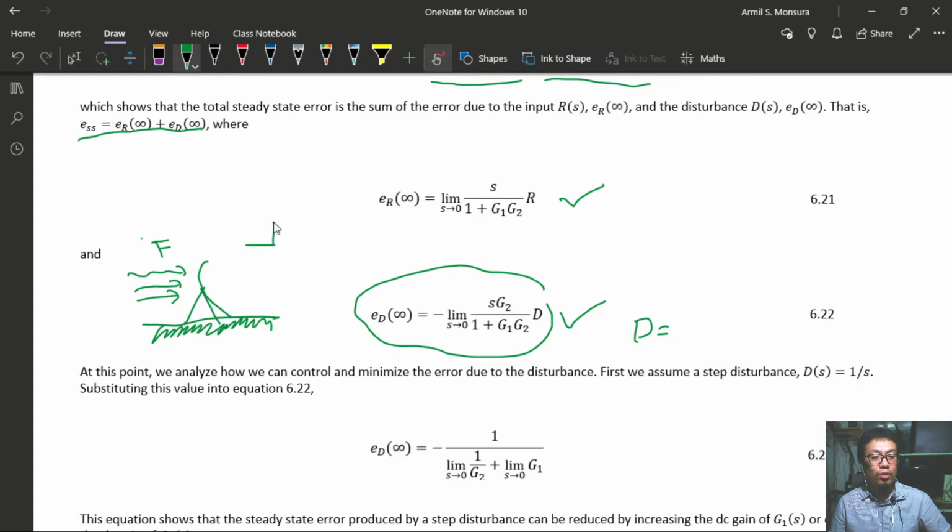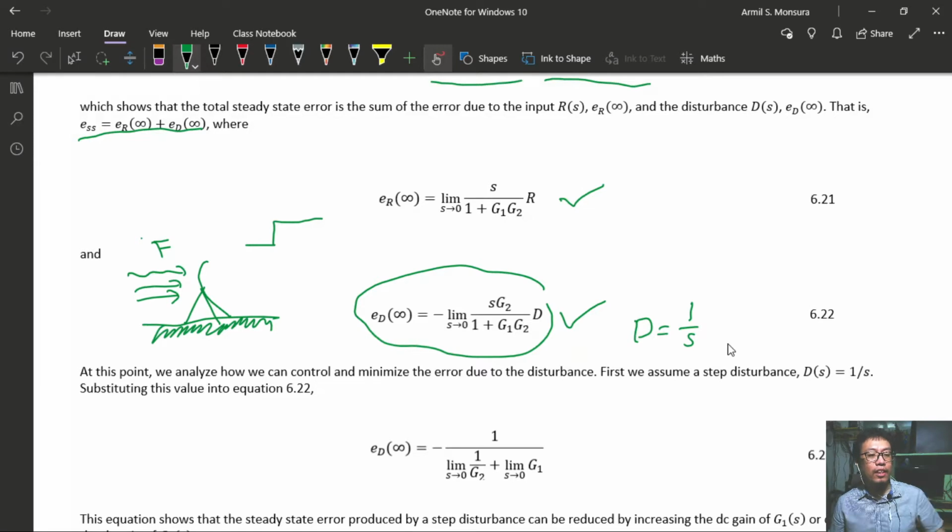Then magkakaroon siya ng constant na force na nai-apply sa kanya. So which typically is being modeled by a step signal.